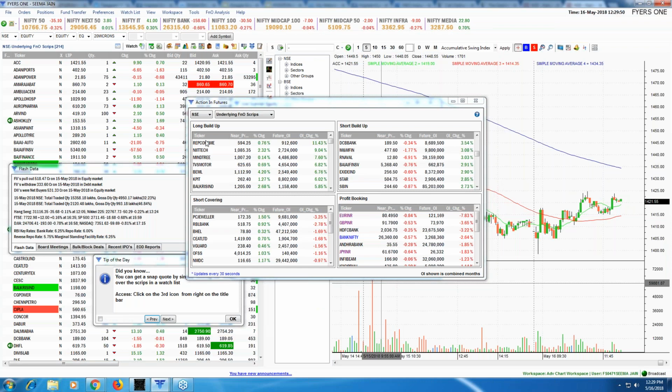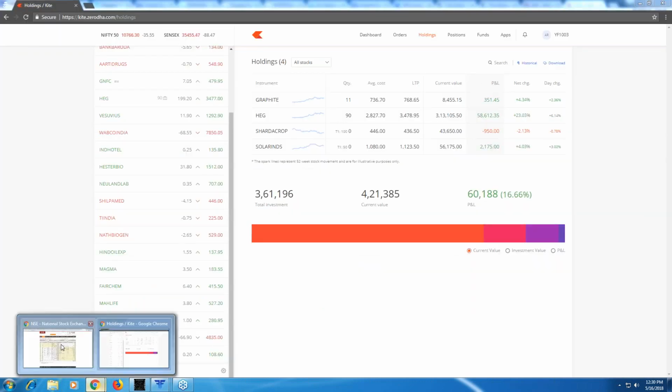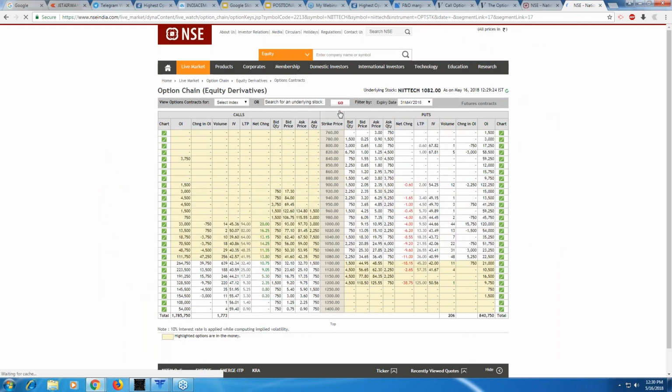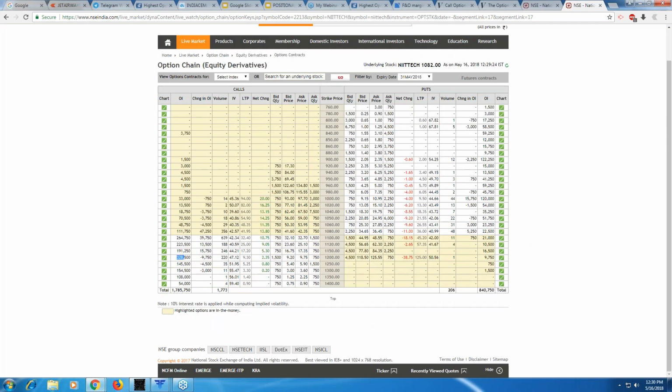Let's look into NIT Tech, what's happening over there. So see NIT Tech, the highest option writing is happening at this level, right? They believe the stock is not going to go above 1200 rupees, right?